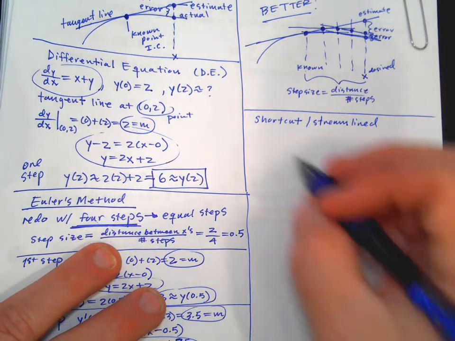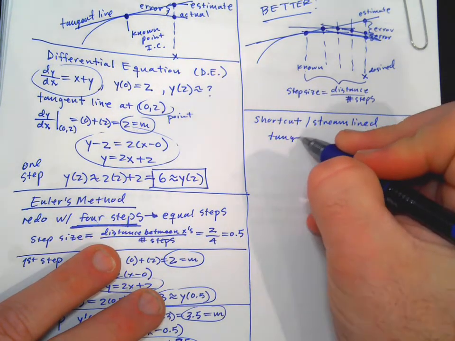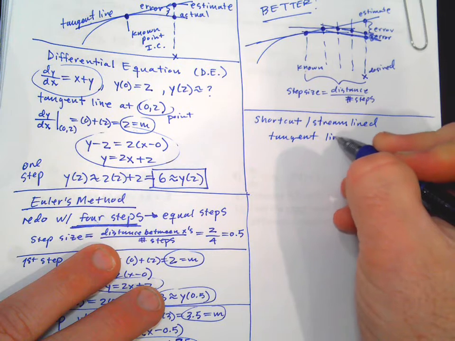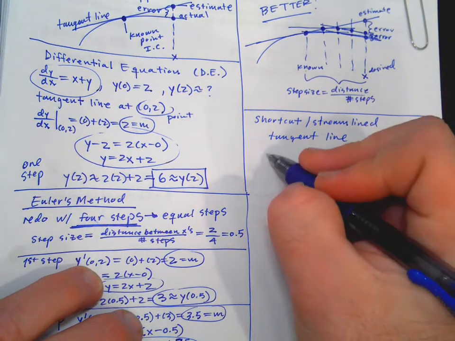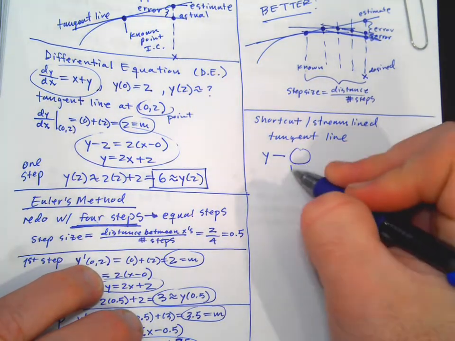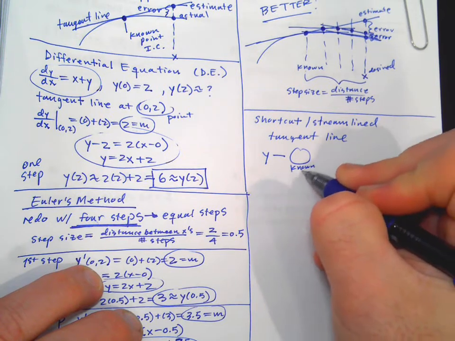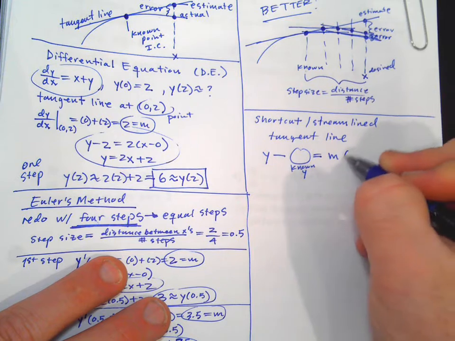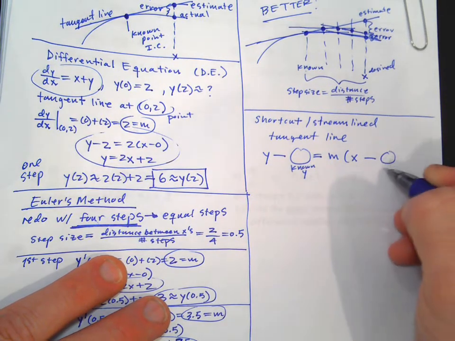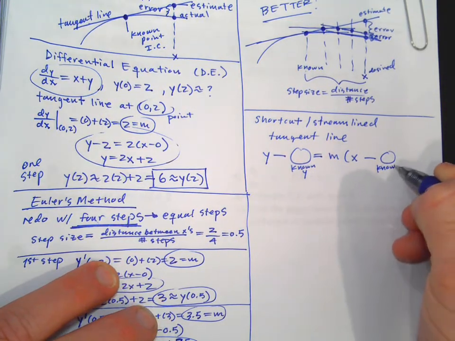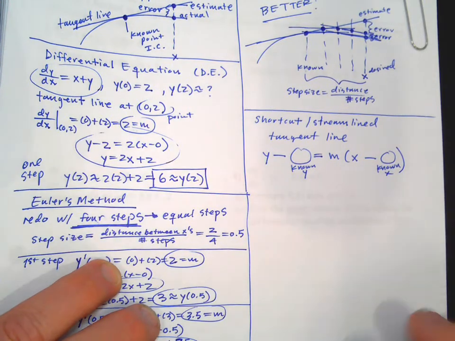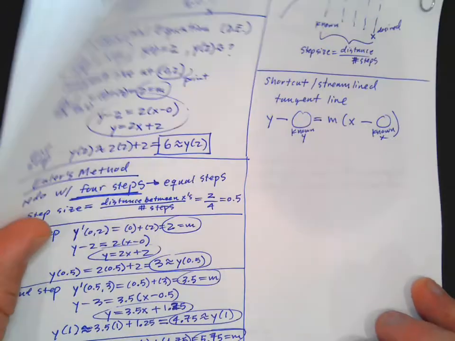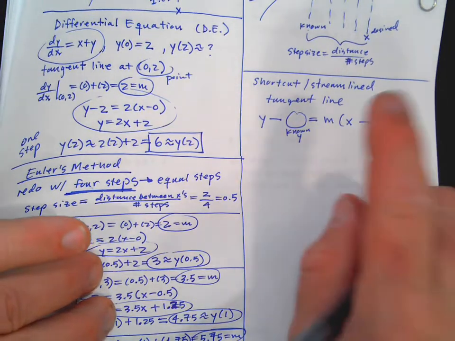So, we're trying to write the equation of a tangent line. So let's go back to that. Okay. And it's y minus some known y value, right? Equals the slope times x minus some known x value. So, I mean, this is just writing the equation of a line in point slope form anytime, right? So keep that in mind.